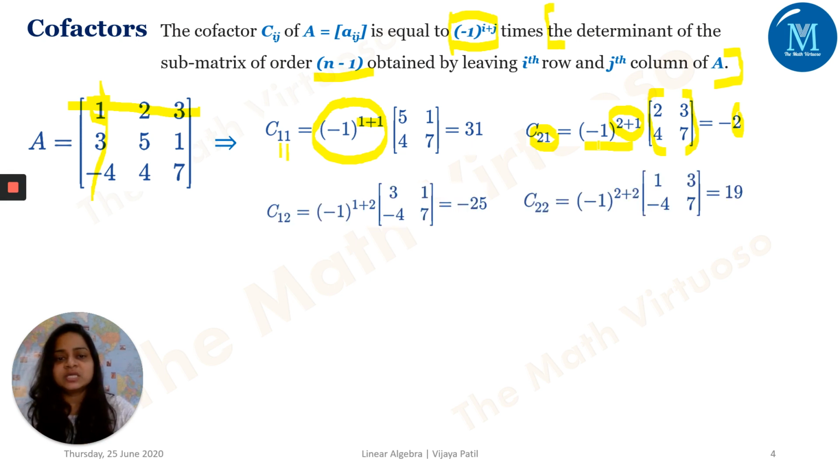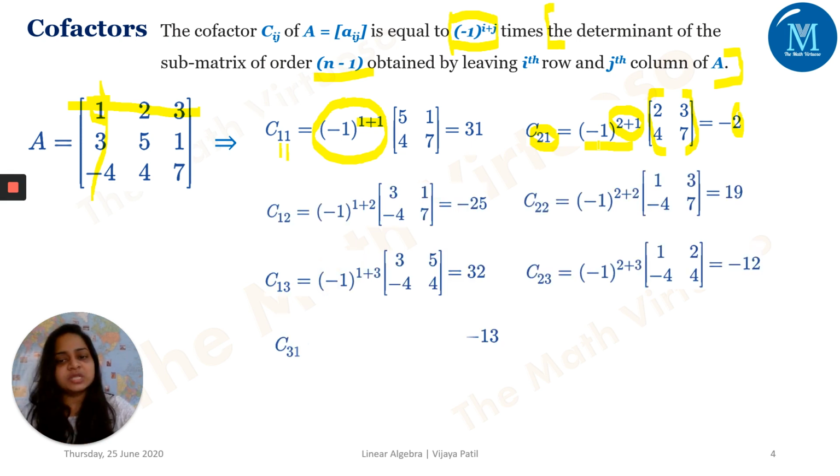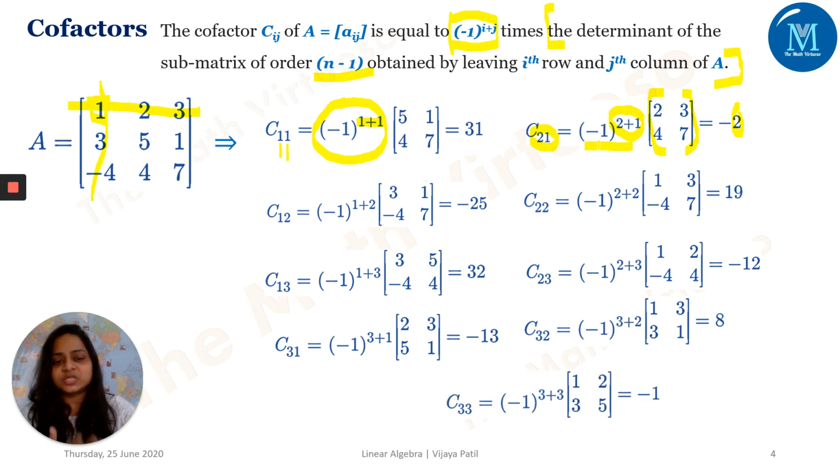Similarly, C12, C22, C13, C23, C31, C32, C33 you can find out in the same way I explained in the previous slide. Pause the video, find the cofactors of all the other 7 elements, and then cross-check your answer so that you get practice.